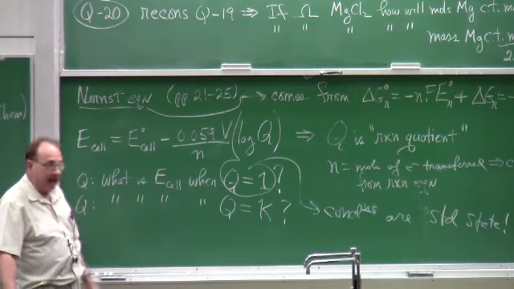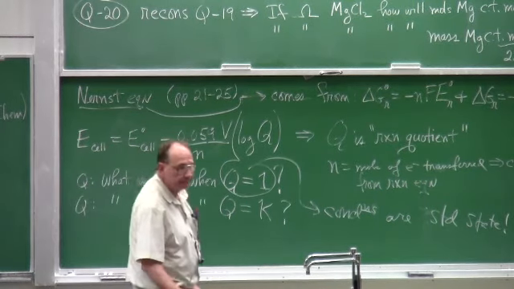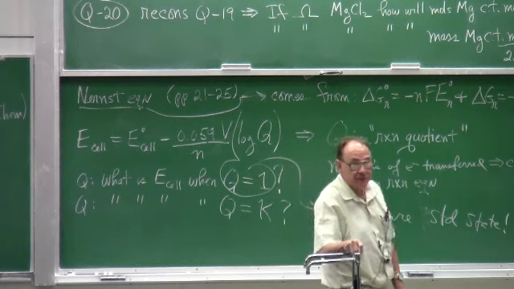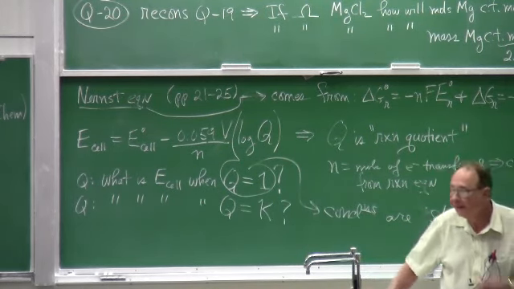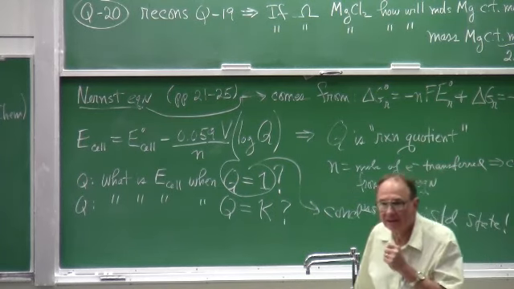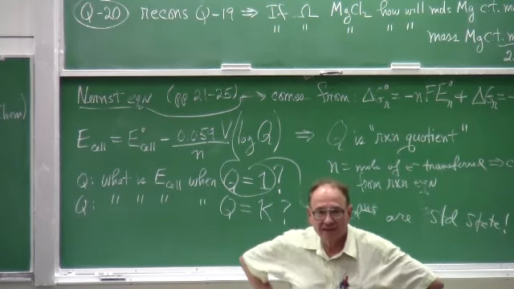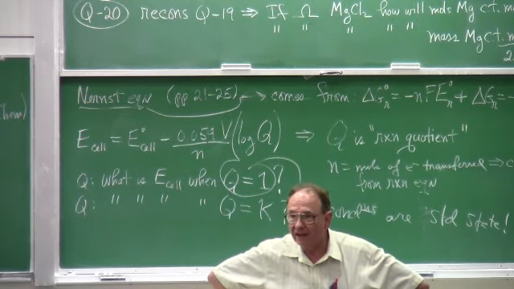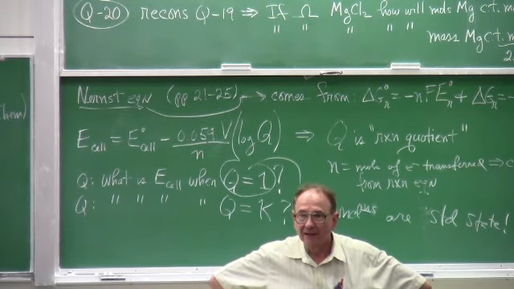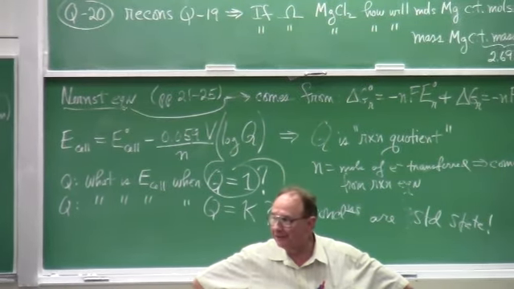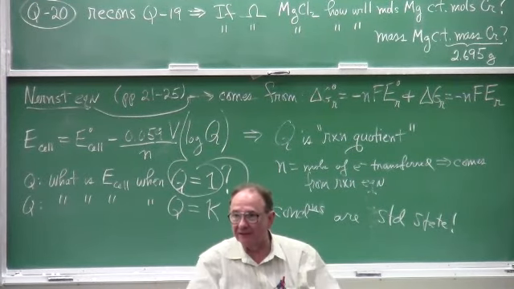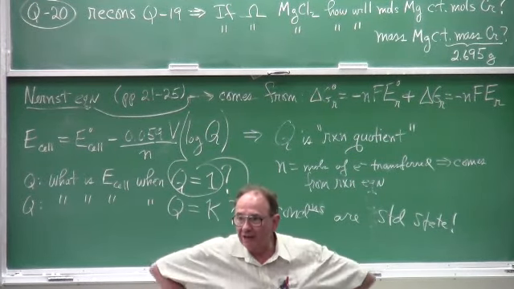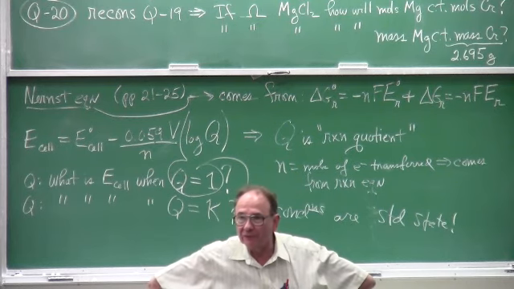What if Q is equal to K? And this K is not temperature. What is this K? You've seen it a bazillion times. It's the equilibrium constant. So now all the values in Q are equilibrium values.